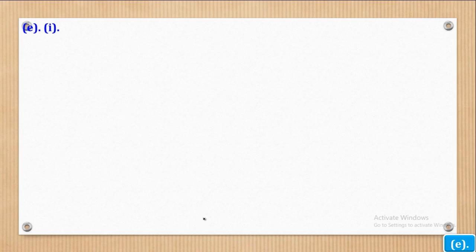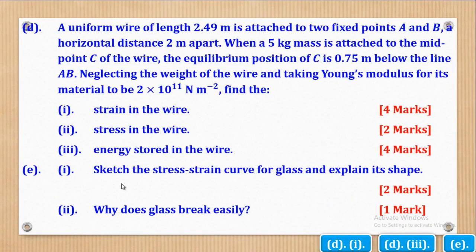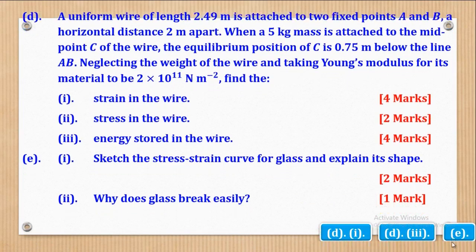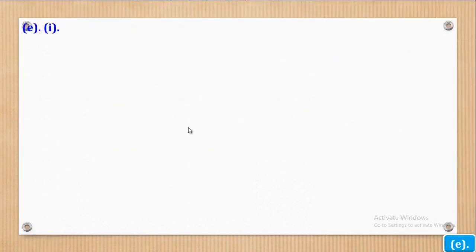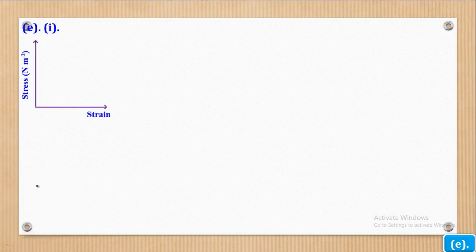So now we shall go to part E, Roman 1. So part E, Roman 1 says, sketch the stress strain curve for glass and explain its shape. So the first thing to do is to draw the axes, label them, then you draw the curve. It will be a straight line with a steep gradient, and that is what they wanted.